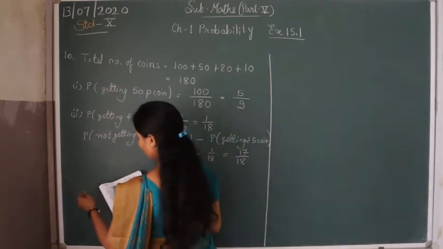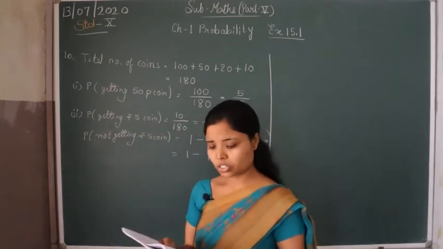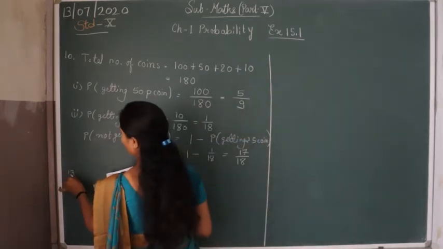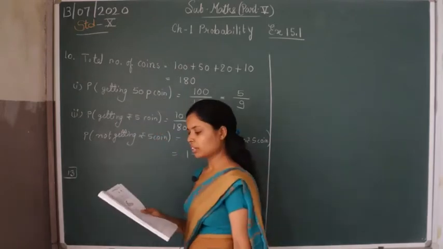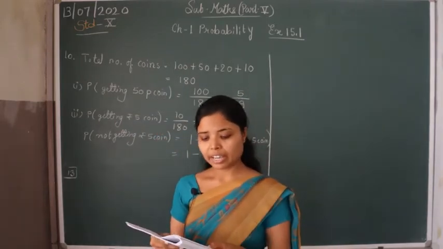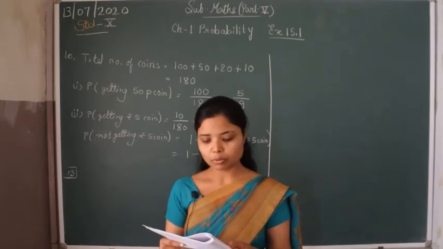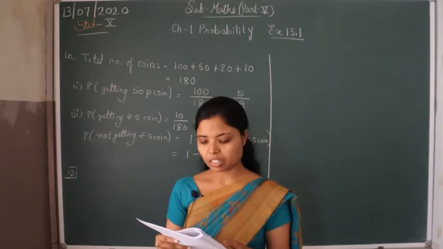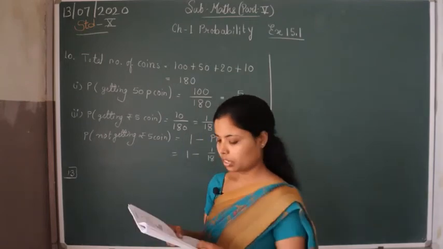Okay. Now we will look at question number 13. This is related to a die. So we will firstly read the question. A die is thrown once. Find the probability of getting a prime number, a number lying between 2 and 6, and last one is an odd number.